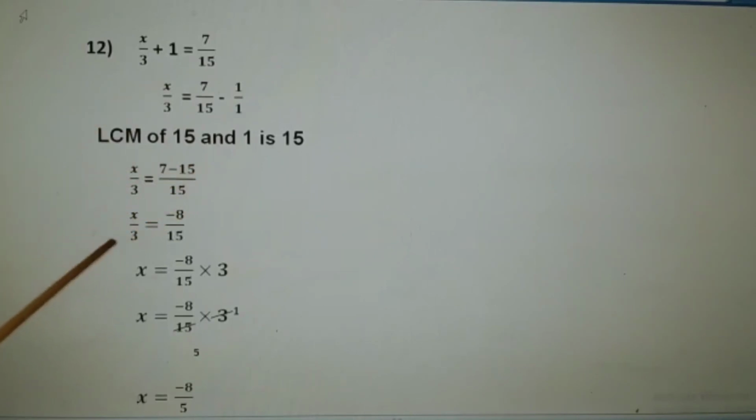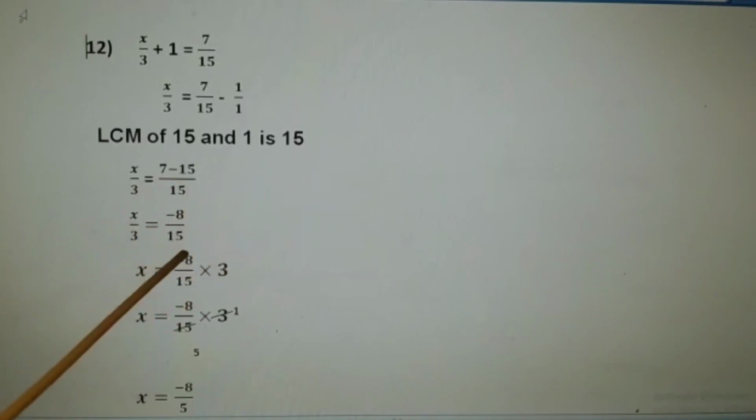X by 3 is equal to, one numerator is negative and one is positive. So subtract the smaller number from the bigger number and put the sign of the bigger number. That is minus 8. X by 3 is equal to minus 8 by 15. Here a division sign is there. On the right side it will become multiplication.